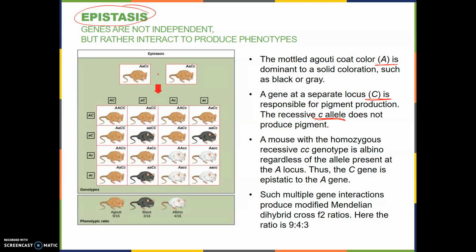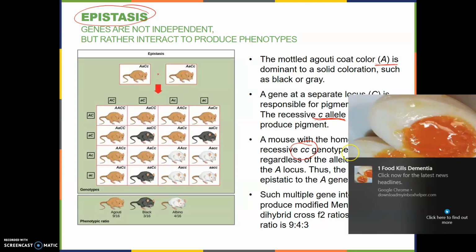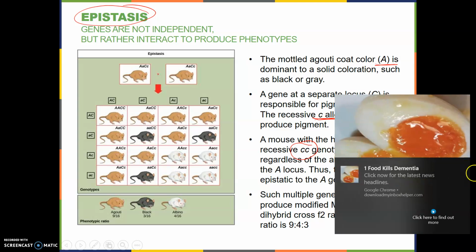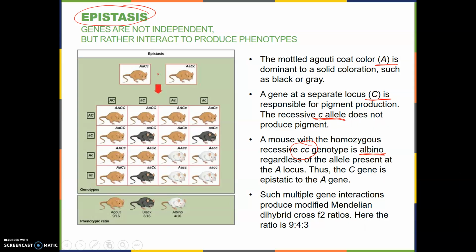So a mouse with the homozygous recessive genotype, little c, little c, is going to be albino regardless of what's present at the A locus on the chromosome. So the C gene is epistatic to the A gene.